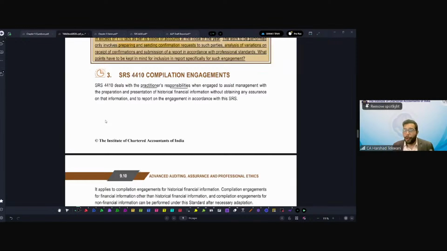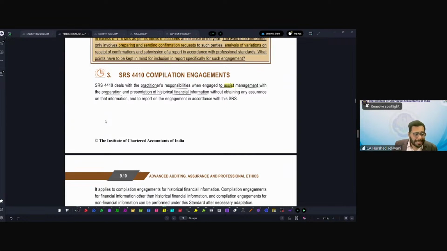Now, here the responsibility of the practitioner is to assist management in the presentation and preparation of the historical financial information. Each and every word is important. When I say assist management, we are assisting the management, not assuming the responsibility. There is a difference between both.